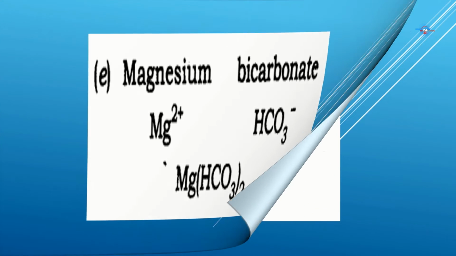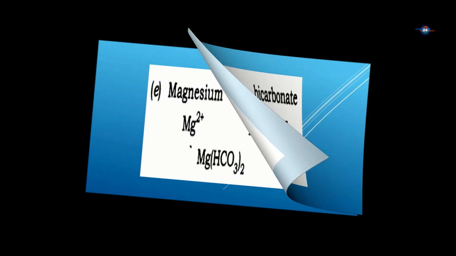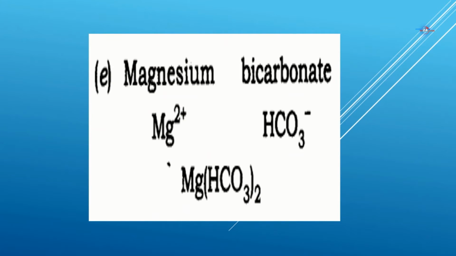When you interchange these two valencies, you get 2 going to hydrogen carbonate and 1 going to magnesium, and you ignore 1 and remain with 2 and you bracket hydrogen carbonate. So the chemical formula is Mg(HCO3)2. You have to bracket the hydrogen carbonate radical. It should be in brackets.